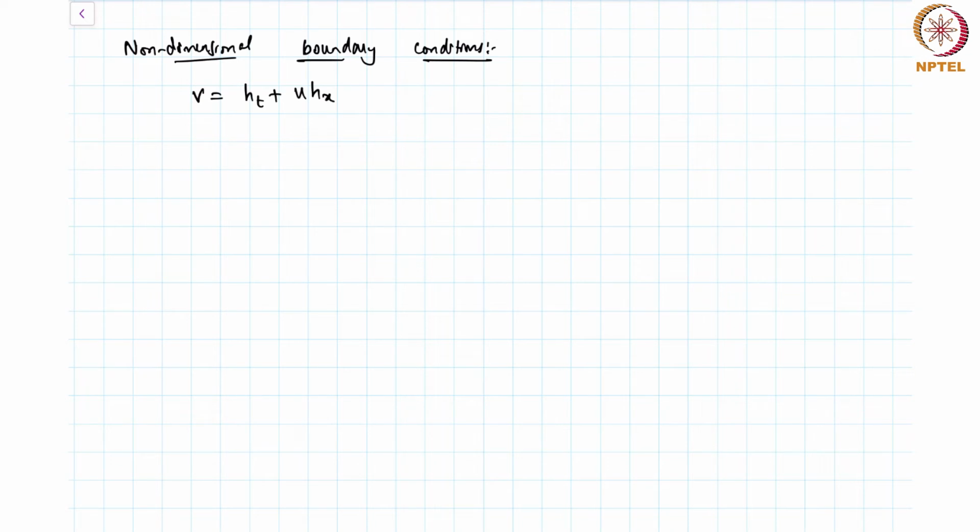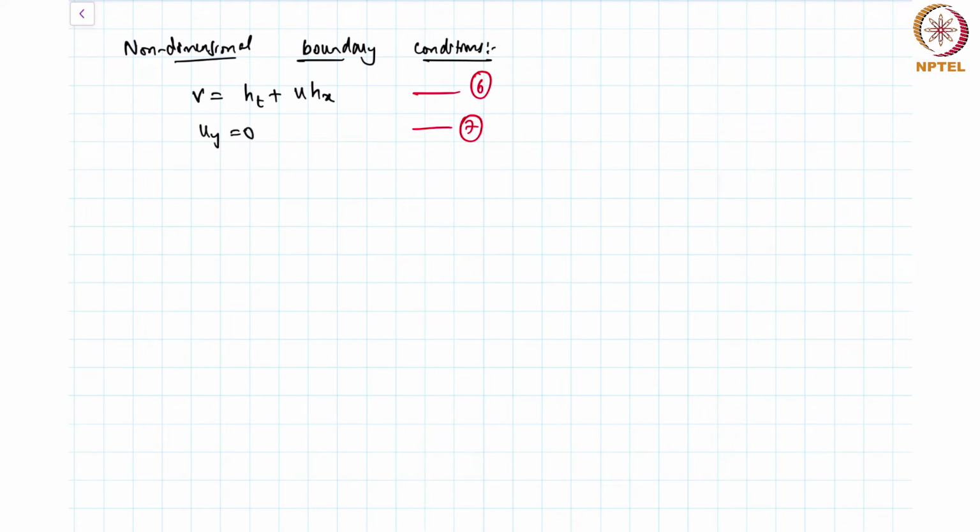And when it comes to the boundary conditions, we simply have non-dimensional boundary conditions. We have the following. We have v equal to ht plus uhx. This is our kinematic condition. We'll call it equation number 6. Then we have the condition at the interface, that is uy is equal to 0.